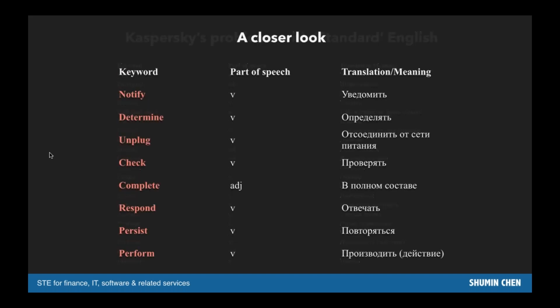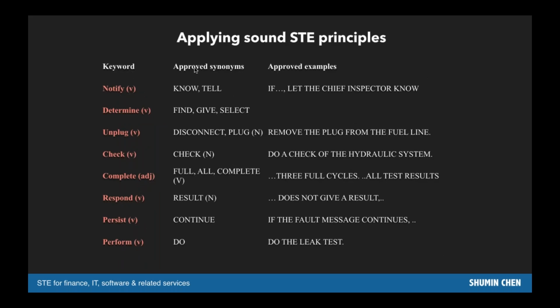So if we look at some of these words, they are clearly not STE, and there is a better alternative presented. So you see that the word notify is to let the chief inspector know or let somebody know. Determine is replaced with find, give, or select.